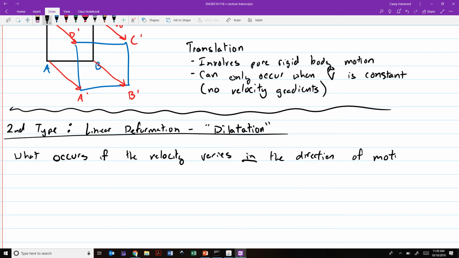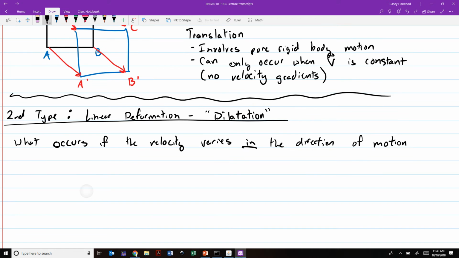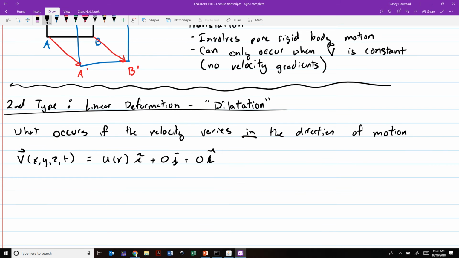For example, let's say that v of x, y, z, and t is equal to u of x only i plus 0j plus 0k. This would suggest that the horizontal component of the velocity is a function of the horizontal position in space.